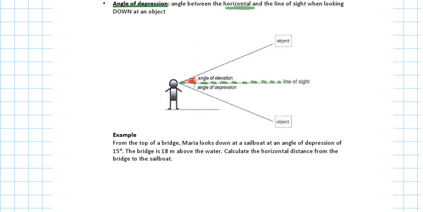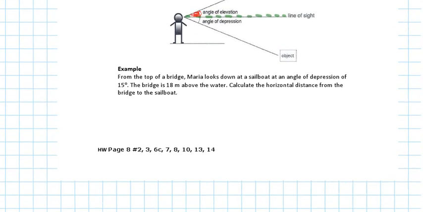All right. So Maria's standing at a bridge, and she sees a sailboat. My triangle might look a little bit different than yours, as long as we end up with the same angle and the sides are in the same location to each other. So I have Maria, standing right here on top of the bridge.